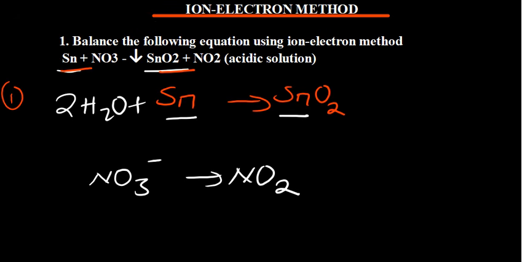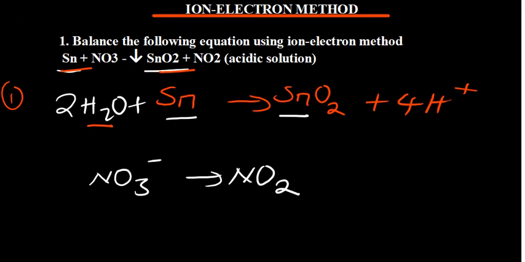This has helped us balance the oxygen atoms, but the moment we've done that, it has brought in hydrogen atoms, which are 4, so we are supposed to add them as well. Now we've balanced the oxygen atoms and the hydrogen atoms, and all the other atoms are balanced.